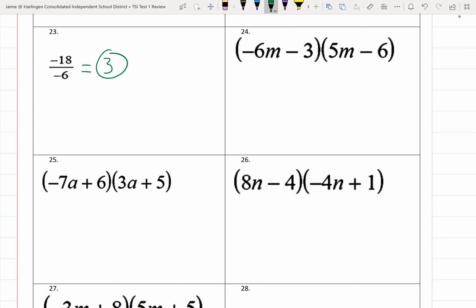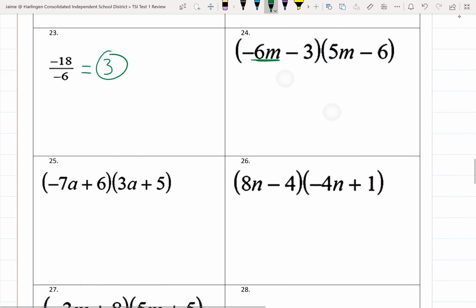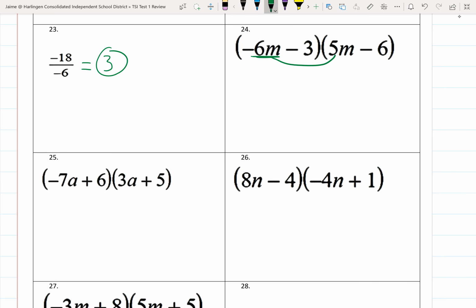Oh, FOIL method. So this times this. I'm gonna write it down. I'm gonna write down all the steps one time, and then I'm just gonna keep on working. Negative 6m times 5m. That's the first thing we do. Then negative 6m times a negative 6.